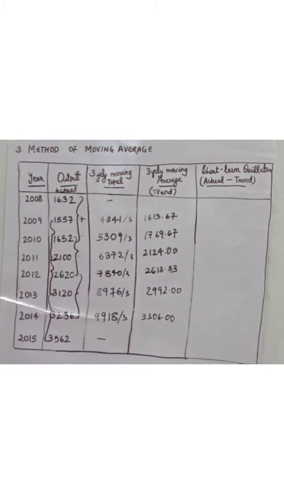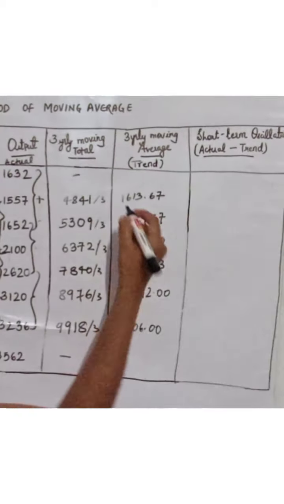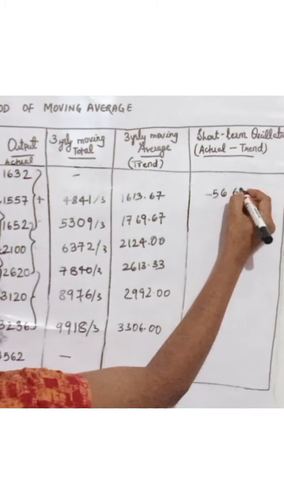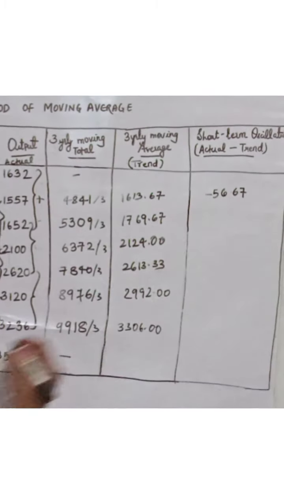1613.67. Now students, if the right hand side value is greater, our output will be negative. So directly write down in the corresponding column. After subtraction we get 56.67.